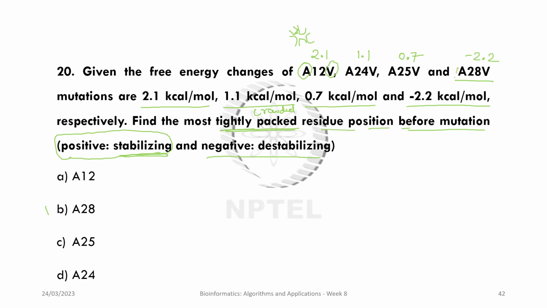So around residue A28, there was already a crowded environment. So when valine is substituted, you get a negative or destabilizing delta delta G. Therefore your answer is B. Was that convincing, Nagamani?